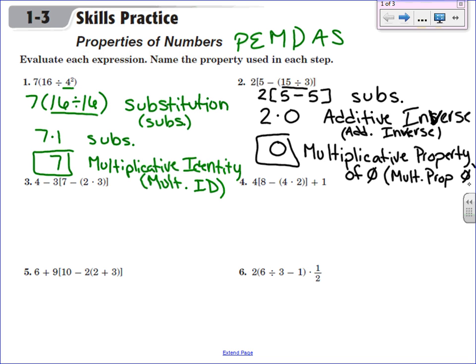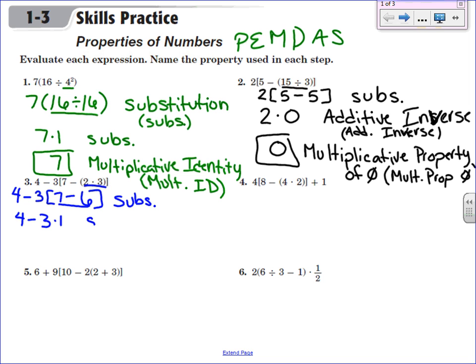All right, number 3. Inside the brackets, we have parentheses, so we do 2 times 3 first. 2 times 3 is 6. We are substituting that in because they are equivalent. We can do that. And then we do 7 minus 6, since that's in the square brackets, which is 1.